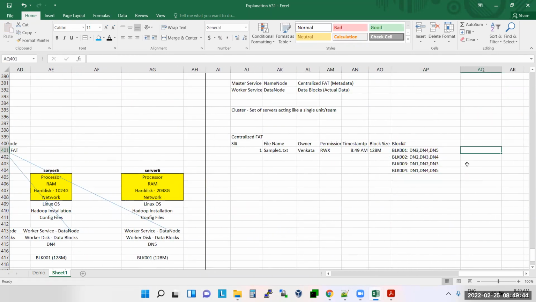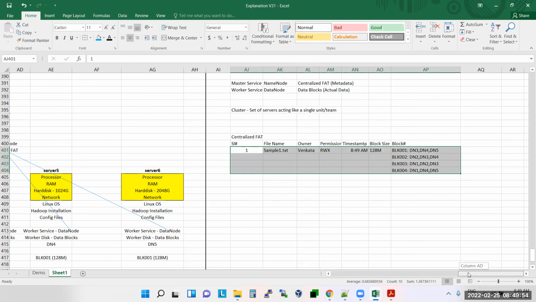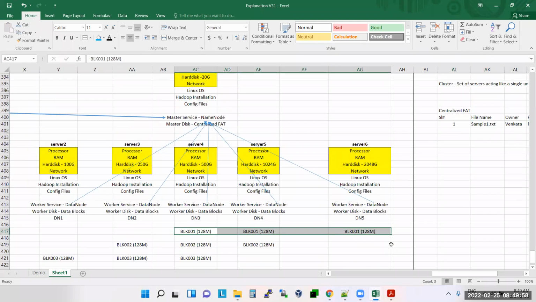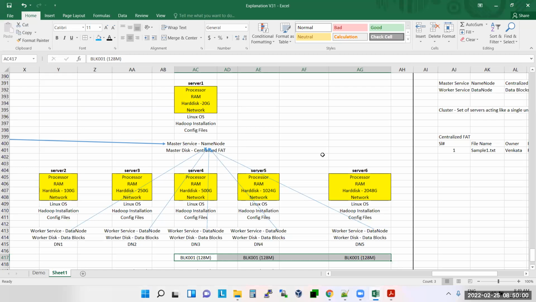Clear? Now the centralized fact has the metadata. So this is information about your file. This is your actual data of the file. The name node will update the centralized fact.